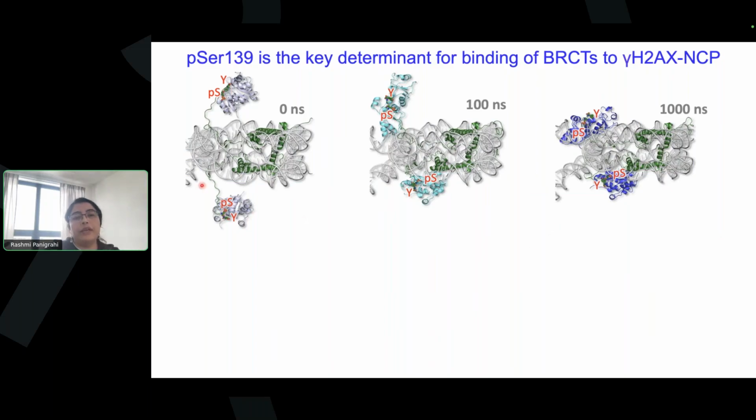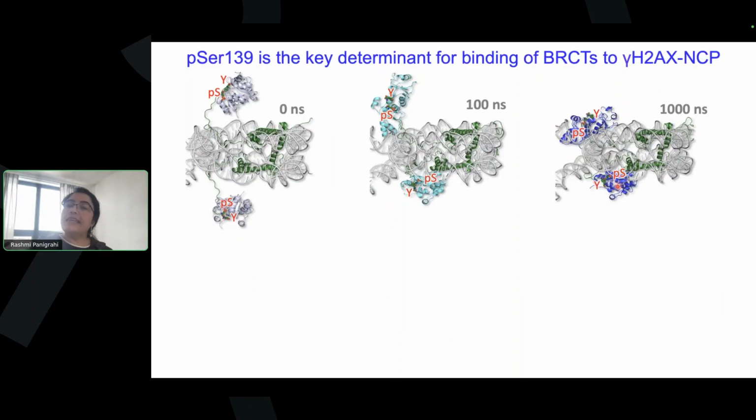Here we have the nucleosome, the structure that we solved, and then we added the long tail to it with phosphorylation and also a control without phosphorylation. We performed one microsecond simulation, and what we saw is that the BRCT was bound to the tail. The phosphoserine and tyrosine were intactly bound. However, they were flopping around, and with time they settled in at different orientations on the nucleosome disc. And we also performed replicates, by the way.